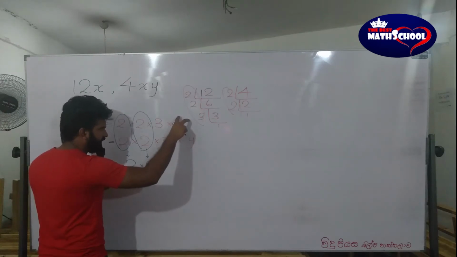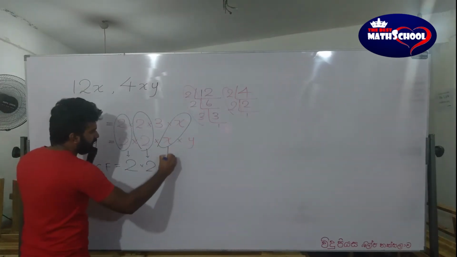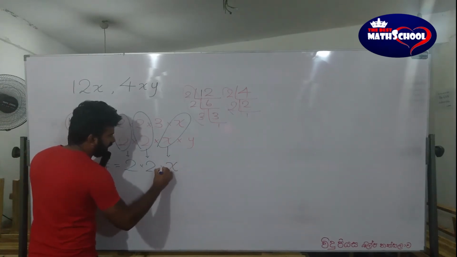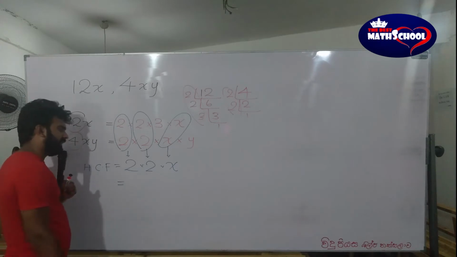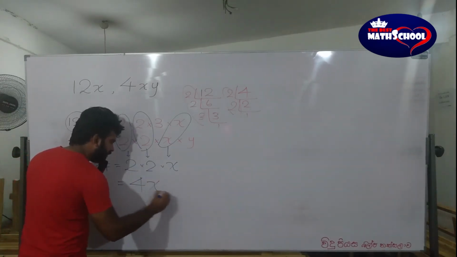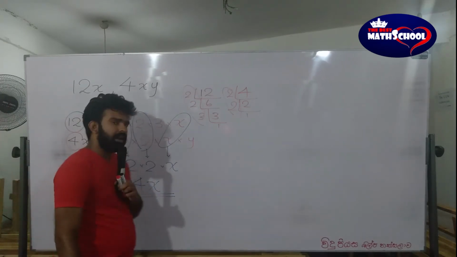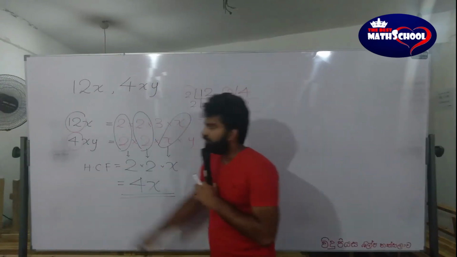And there is an x here and another x here, so we can take x as a common thing. So for the HCF, 2 into 2 will be 4, and there was x. So 4x will be the highest common factor of 12x and 4xy.